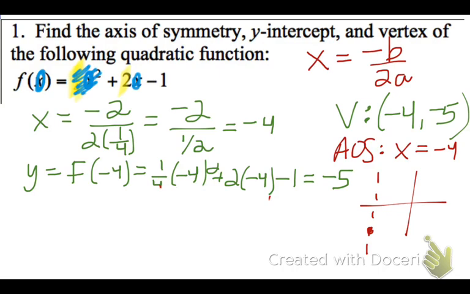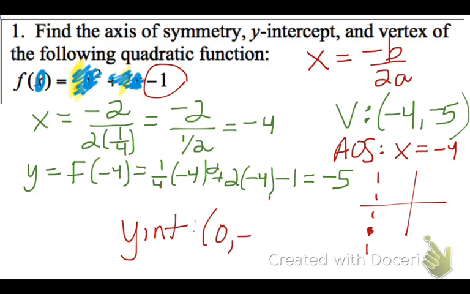That basically multiplies everything out, and hopefully you can tell right here, the y-intercept is negative 1. So the y-intercept is 0 comma negative 1. I think we've answered that entire question, and we didn't have to graph. So let's see the next one.